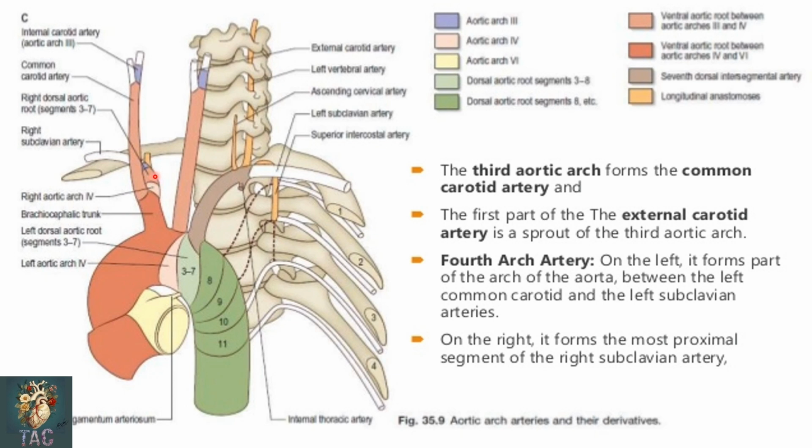This is the right subclavian artery, and these are the arch of the aorta. Here is the ligamentum arteriosum, and the pulmonary and the aortic vessels are present. So these are the different vessels. I have explained you through the diagram, and now I will do each of the arches separately so that you can understand easily.